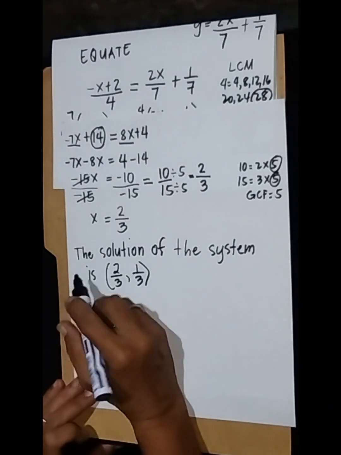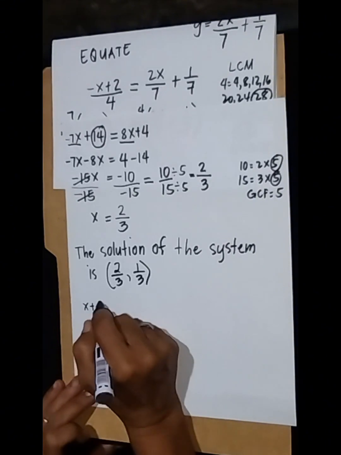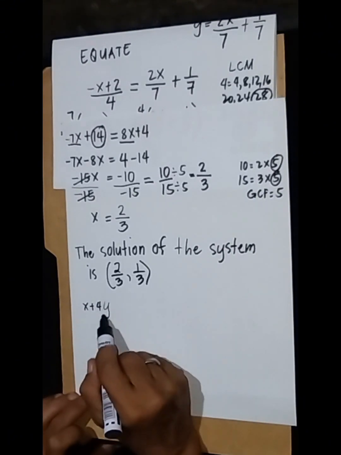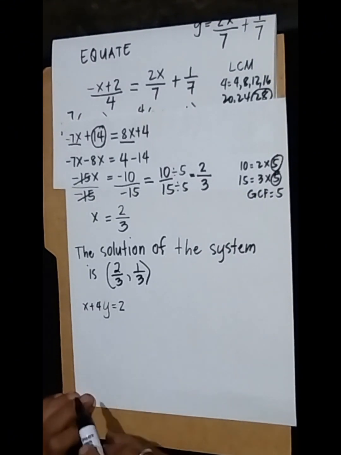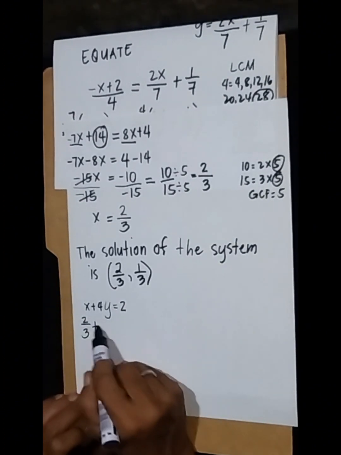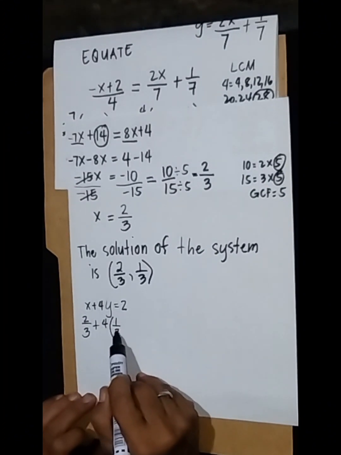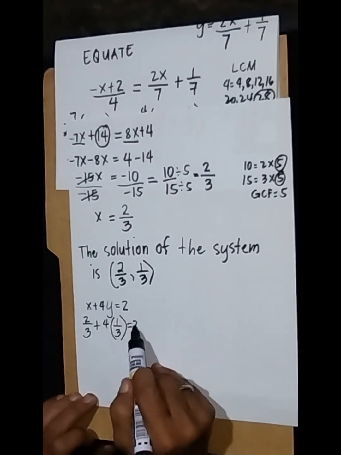So, the first linear equation of our system is x plus 4y is equal to 2. Now, the value of x is 2/3 plus 4 times the value of y, which is 1/3, equals 2.